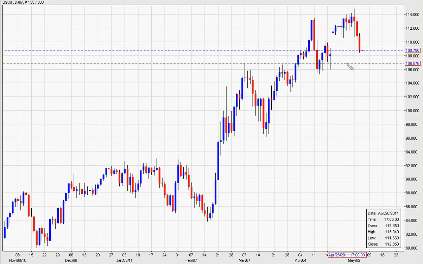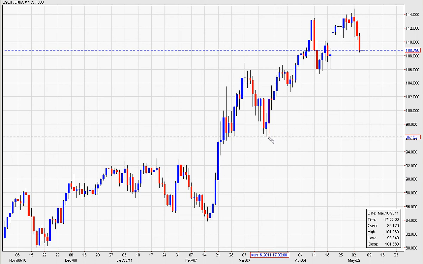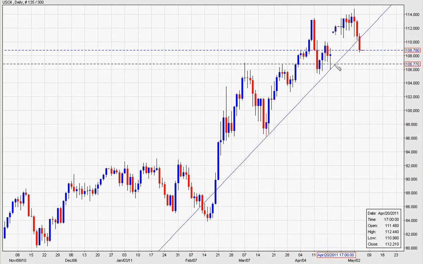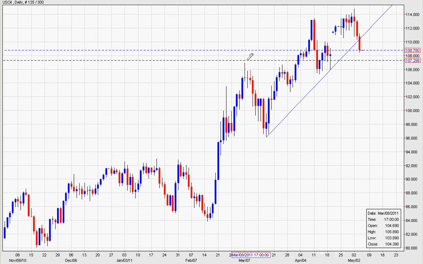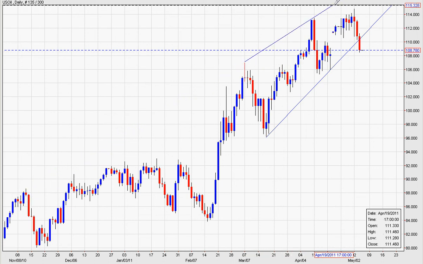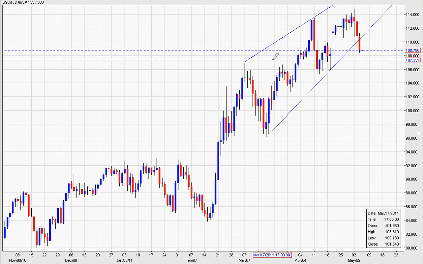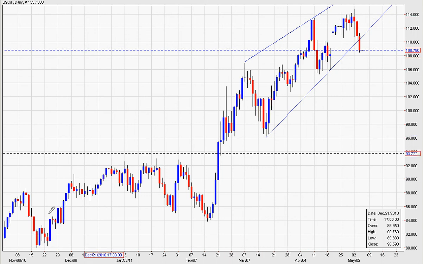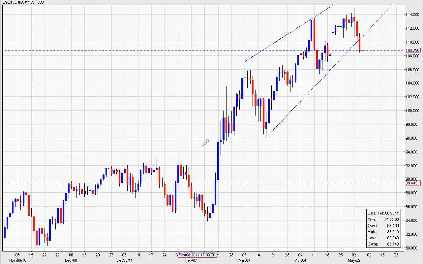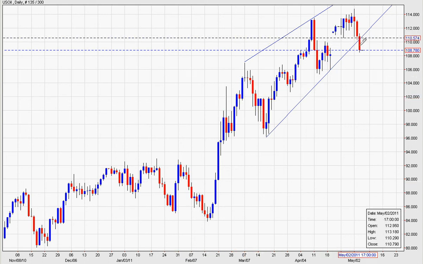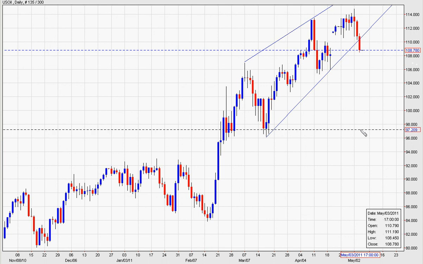We have oil. Oil has actually broken through this trend support, and it was somewhat of a converging movement upward. So this could be like 1, 2, 3, 4, 5, and we could be headed lower.